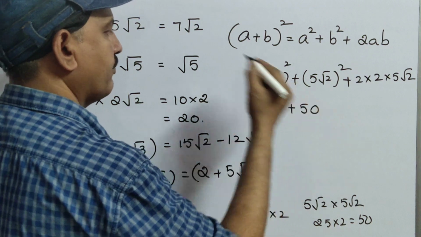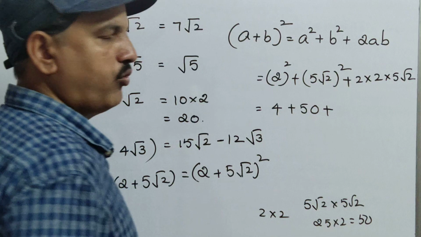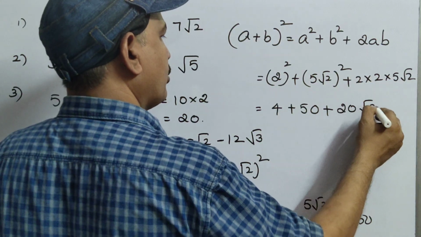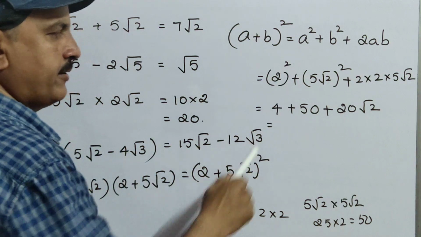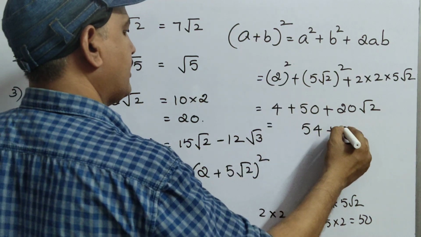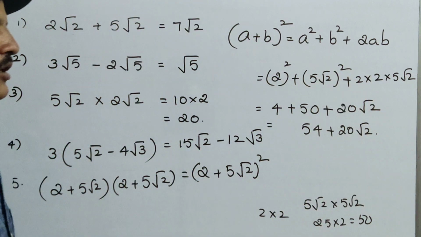So this one is 50. Plus 2 2s are 4, 4 5s are 20, so 20 root 2. Still you can simplify it: 4 plus 50 is 54, plus 20 root 2.